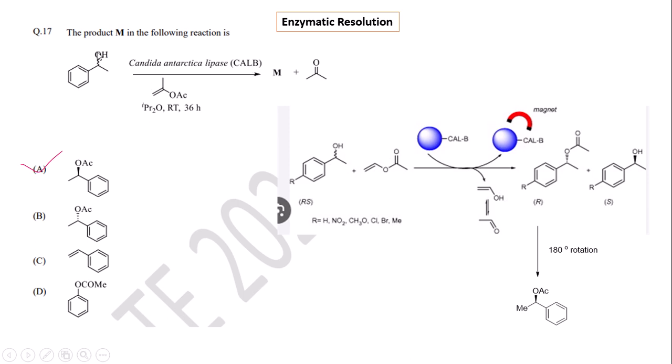It specifically binds one isomer, and the other isomer can be separated easily. If we take the RS mixture of this isomer with vinyl acetate in presence of Candida antarctica lipase enzyme, it binds one isomer, that is the R isomer, and the S isomer can be separated from the reaction mixture, and after hydrolysis the R isomer can also be separated. So option A is the correct one.